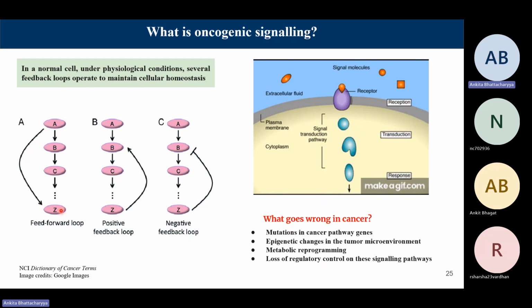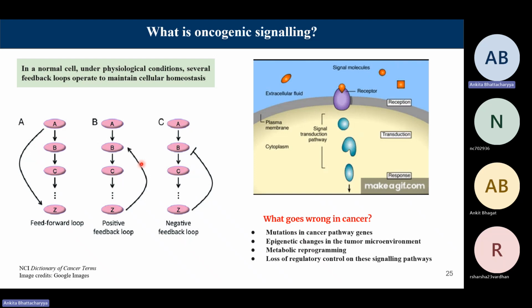These three types of loops basically. So you have this feed forward loop where you can find the direct activation of protein Z by protein A, whereas the other chain shows you a stepwise progression of the same. Then a positive feedback loop, whereby more and more synthesis of product Z leads to more and more activation of this particular pathway.